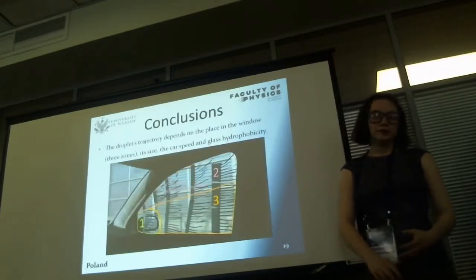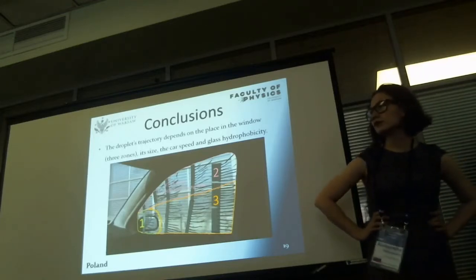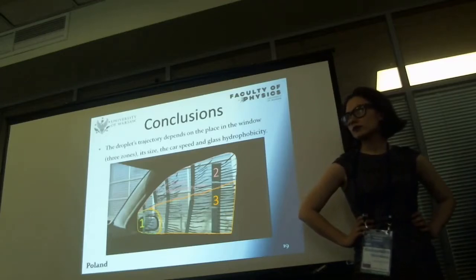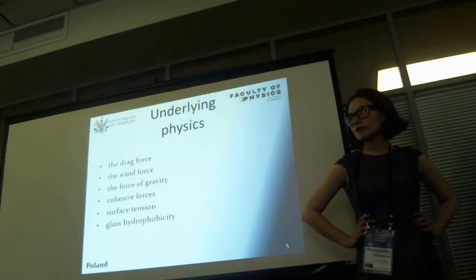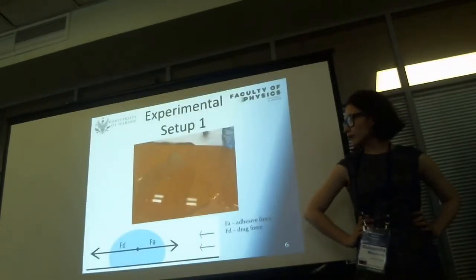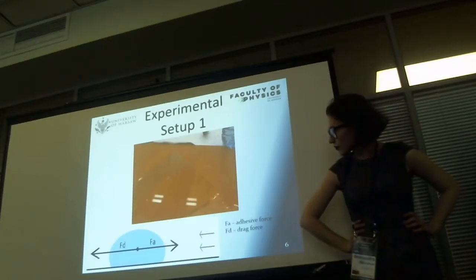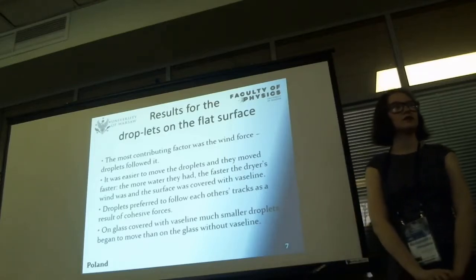And yes, there is still a question how it happens with other cars. I think that's all about this drag force. But if I have just a little time, I wanted to say that these forces are proportional to r and r squared. I haven't written it here.